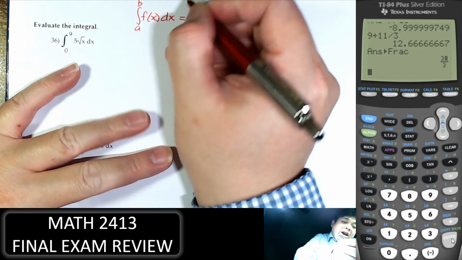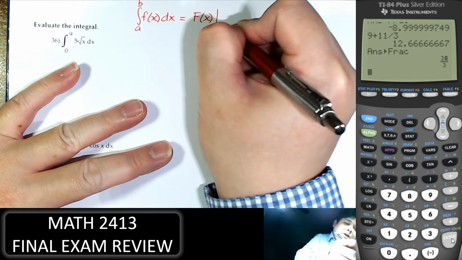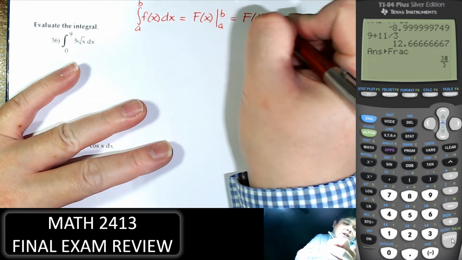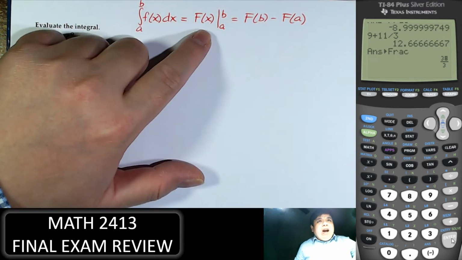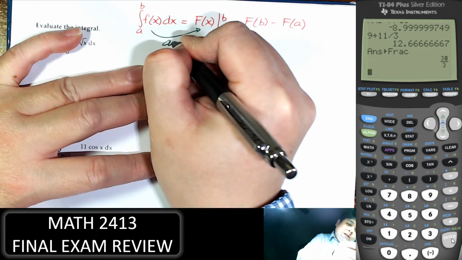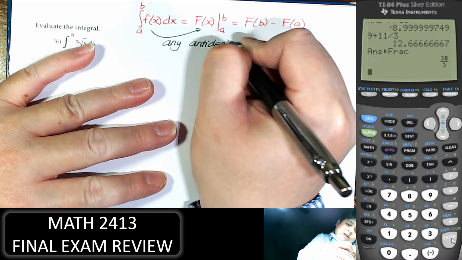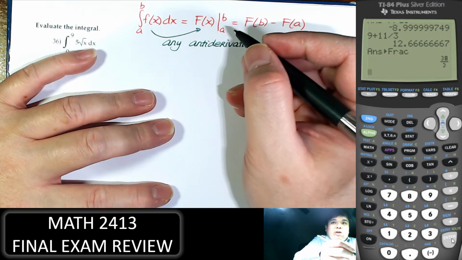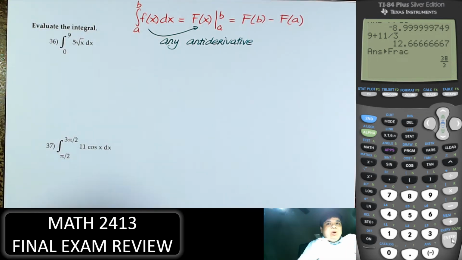So here we have any antiderivative evaluated from a to b, meaning substitute the upper limit, subtract the lower limit. Right. So pretty much that. So we will find any antiderivative. And usually we just let c equal to 0, right? Because we can choose any antiderivative. So we choose the antiderivative where c equals 0.